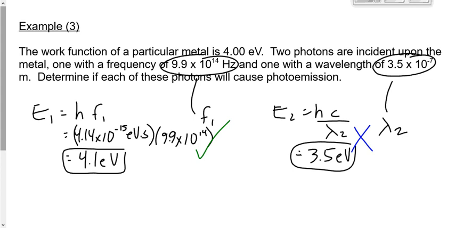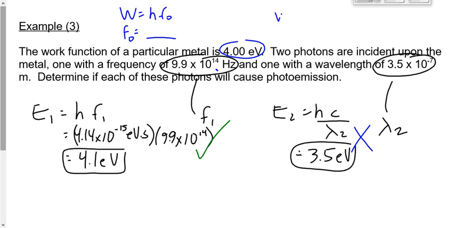Now, there is another way that we could have tackled this question. Does anybody know what it is? Rather than calculate the energy of each photon, we could have got the threshold frequency and saw if that was bigger.